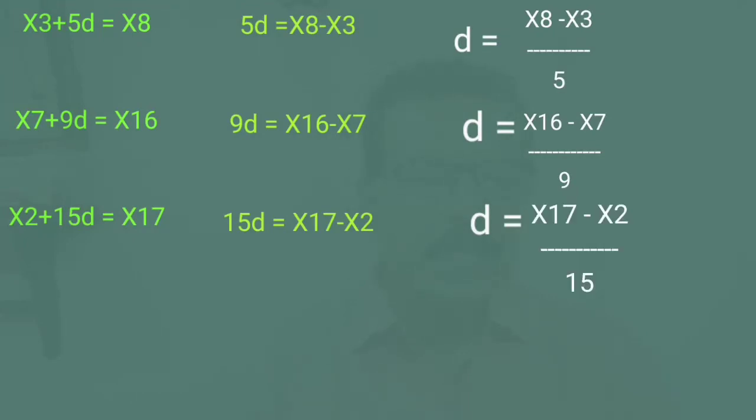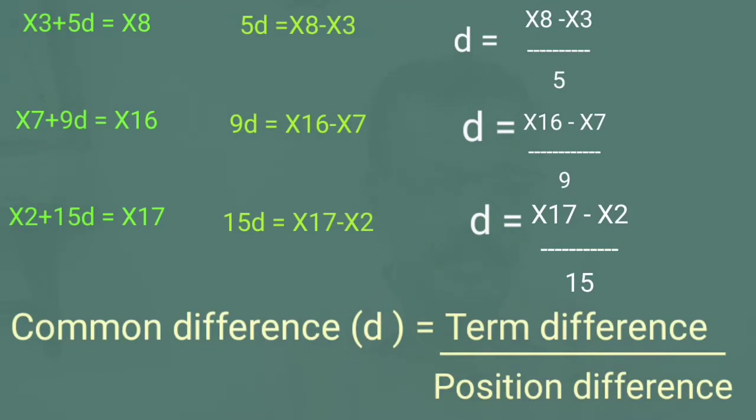Now, if we look into that, in the numerator, in all the cases, what is it? It is the term differences. That is, x8 and x3 are terms, x16 and x7 are terms. What about the denominator? Yes, it is the difference between those positions. So we can say now common difference d is equal to term difference by position difference.